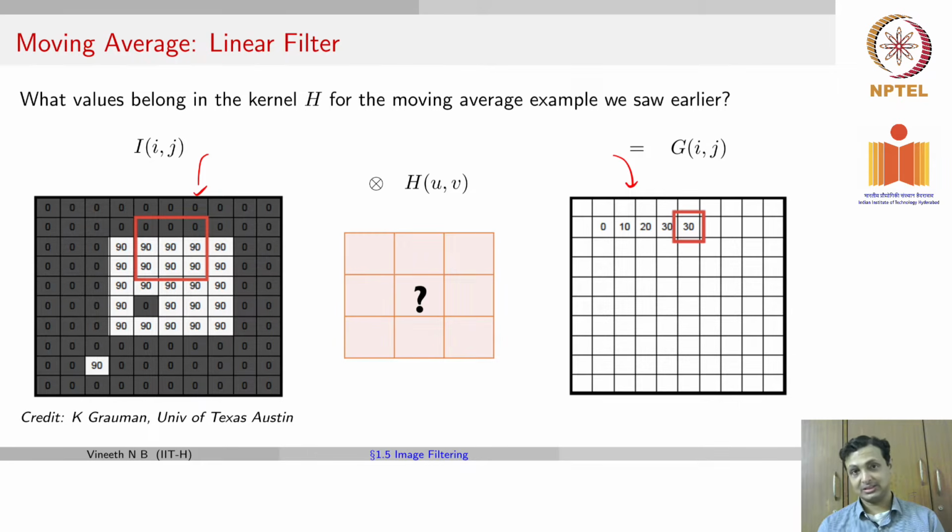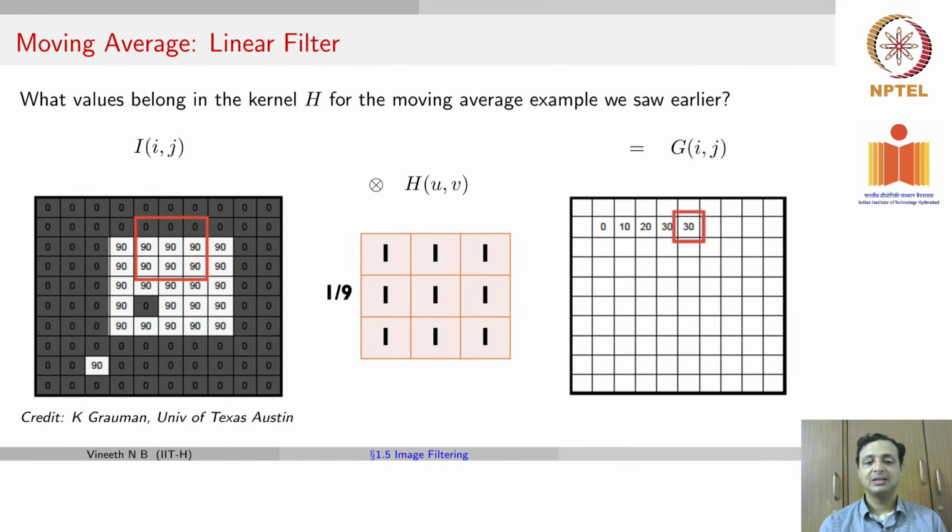So if we saw this as a cross correlation operation or as a linear filter, what would the filter be? Remember, it has to take an average of the values in a neighborhood.